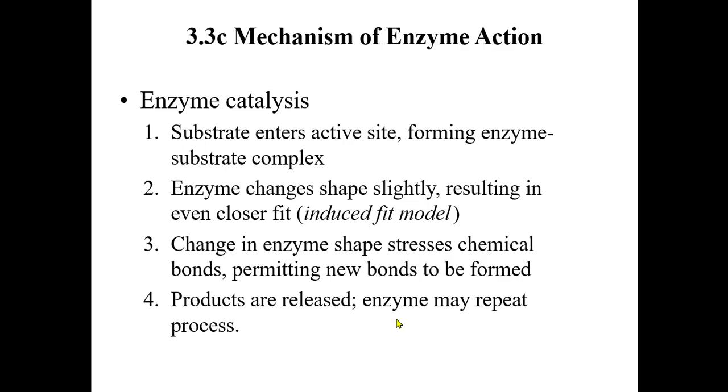And that means that the process can continue over and over. It also means very little of the enzyme is needed to work on a lot of the reactants and the products. So very little enzyme is needed to work on a big batch of products and reactants kind of thing.